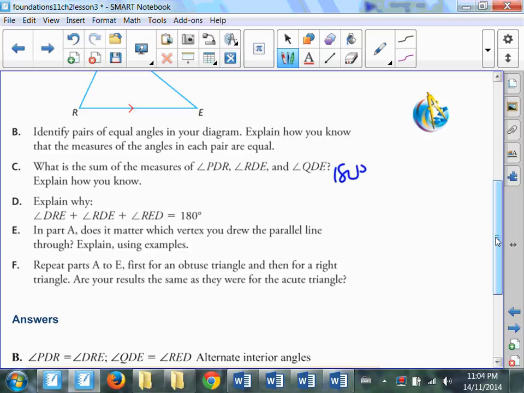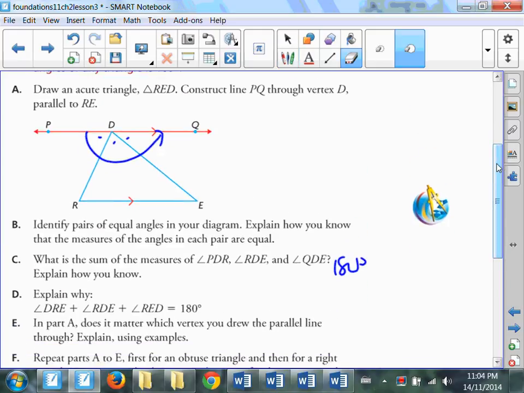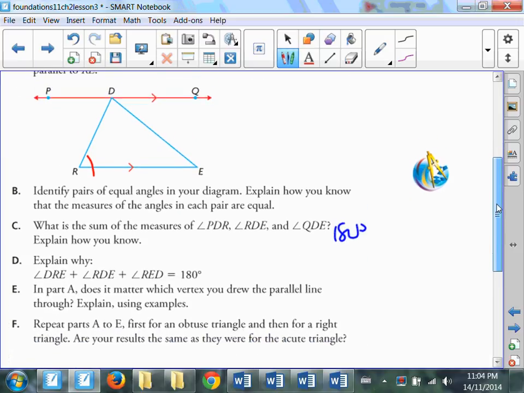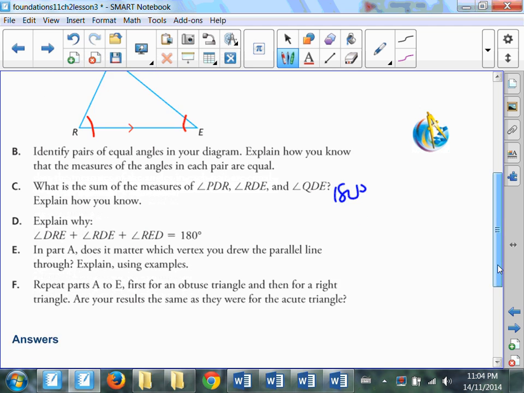Now, with that said, explain why DRE, that's this angle, RDE, that angle, and RED, that angle, why they're equal to 180. Well, here's why they're equal to 180.